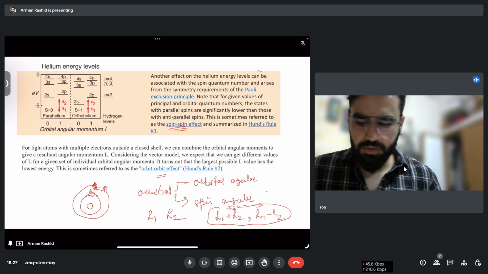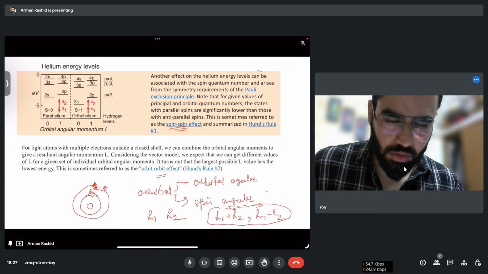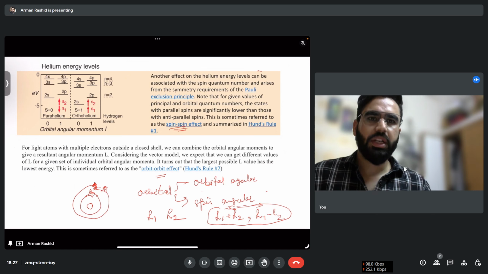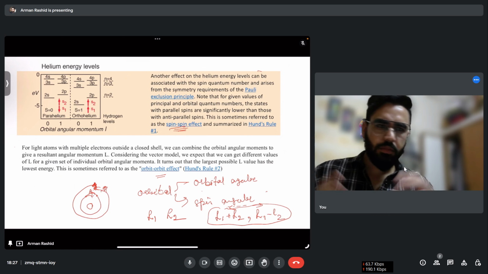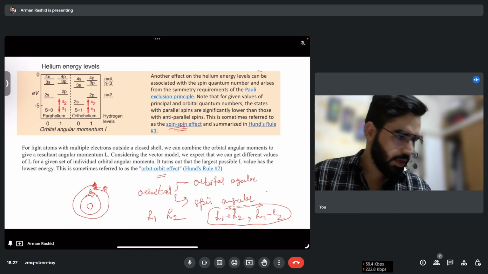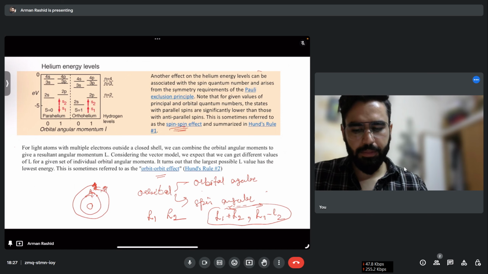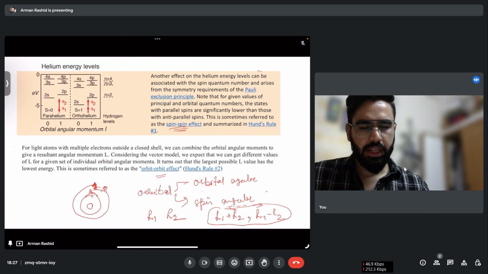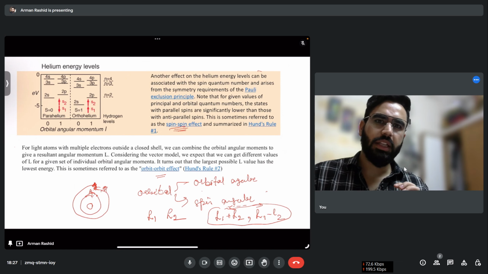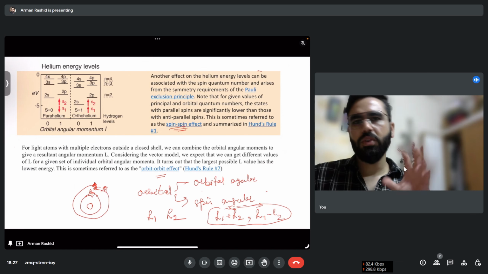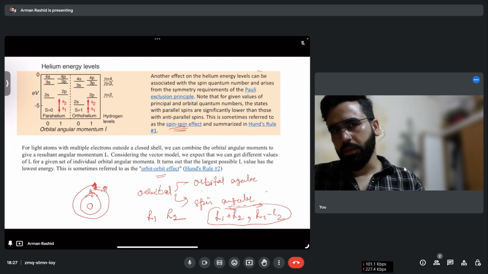Okay, so that is what I have written for lighter atoms with multiple electrons outside the closed shell. Closed shell means you have a noble gas electronic configuration. After that you have different orbitals, and those orbitals have different electrons. Those electrons have both spin as well as orbital angular momentum.